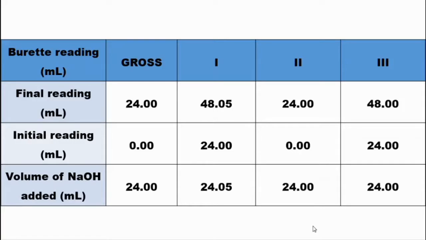Okay, and if you look at the readings here for the volume of sodium hydroxide added, look at the first, second and third readings, the difference of these 3 values is 0.05.